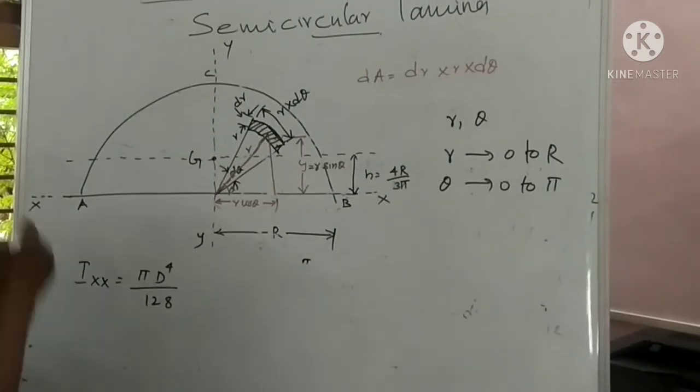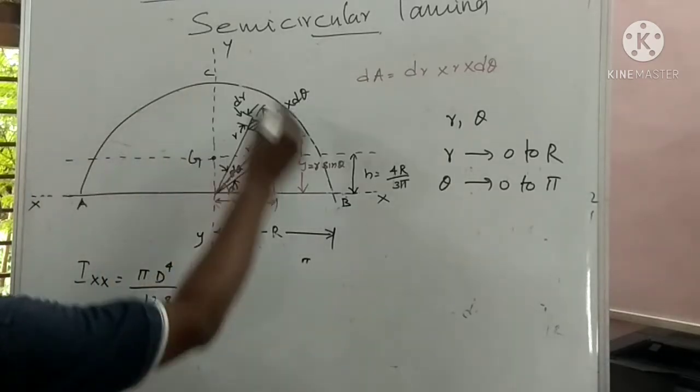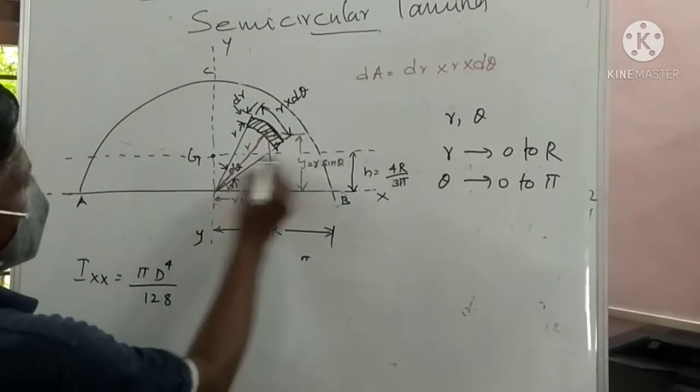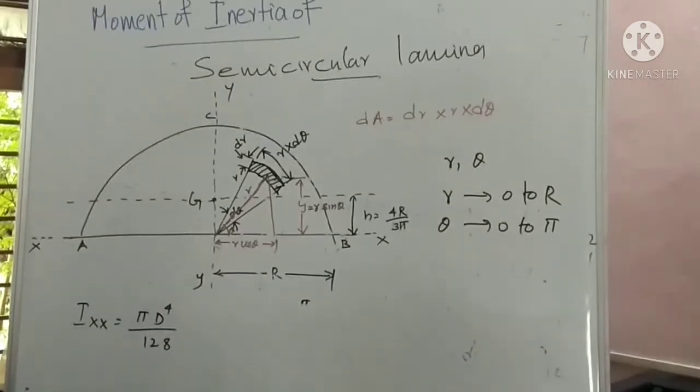So we have to find the moment of inertia of the semicircular lamina about the centroidal axis parallel to the base.